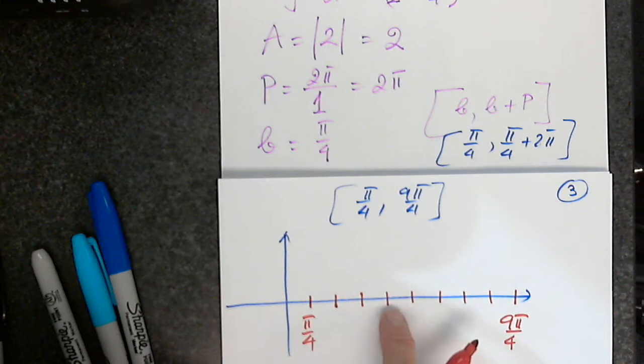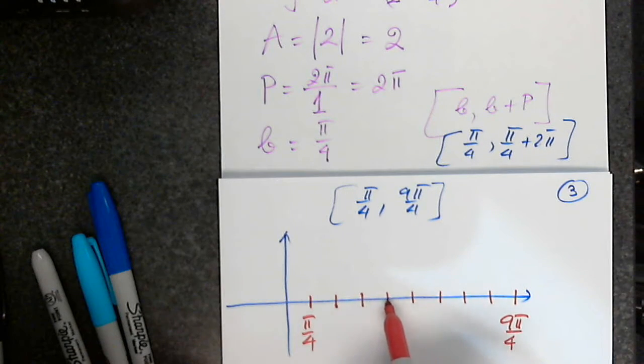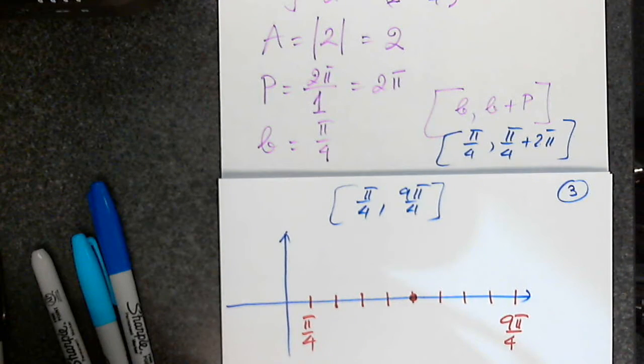Between 1 and 9, I have 8 ticks, right? So right in the middle, 1, 2, 3, 4, right in here, the function has to cross the x-axis.